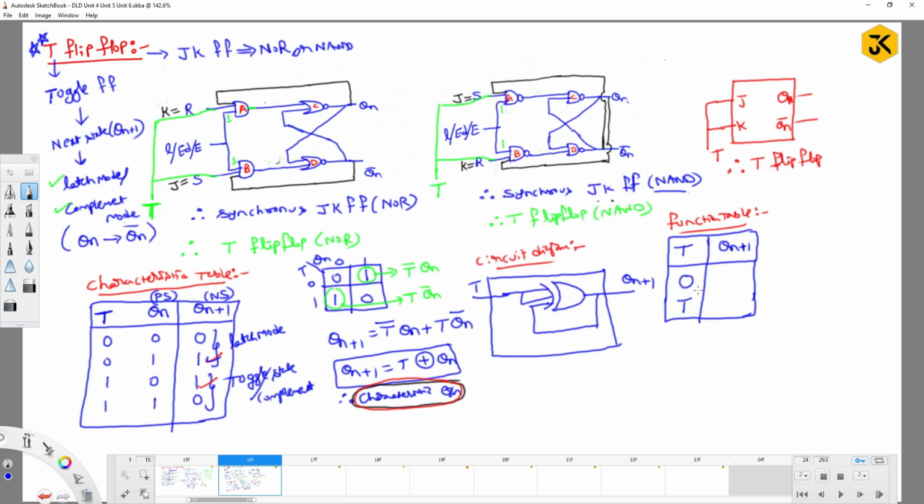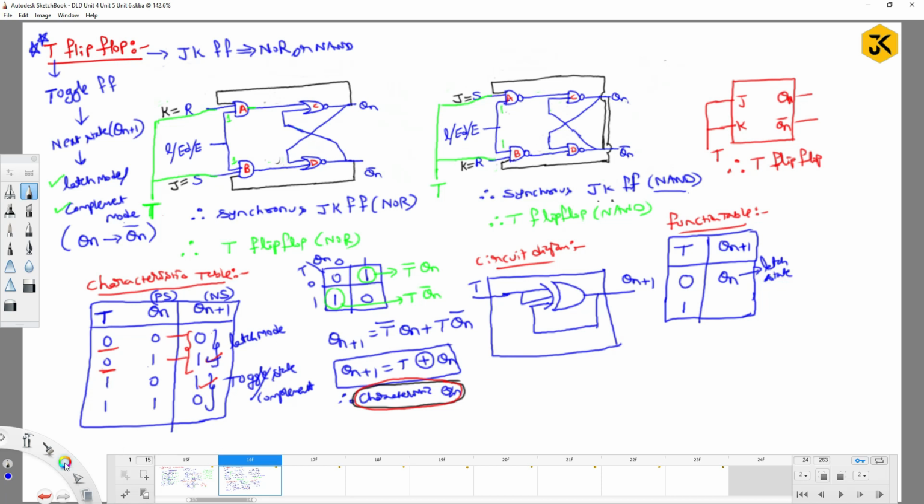Right? So what might be the possibilities of T if I am going to have one variable, 0 and 1? If I am going to have 0, how is my Qn plus 1 behaving? Qn plus 1 is behaving as it is, like Qn. So I can write Qn. I can call it the latch state, guys.